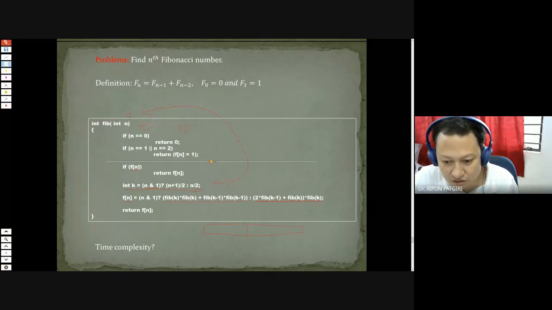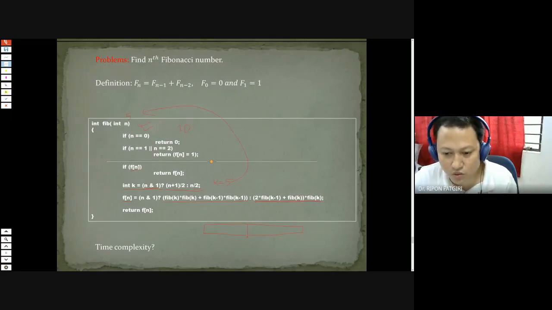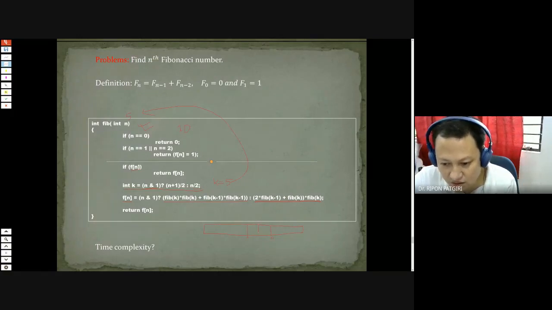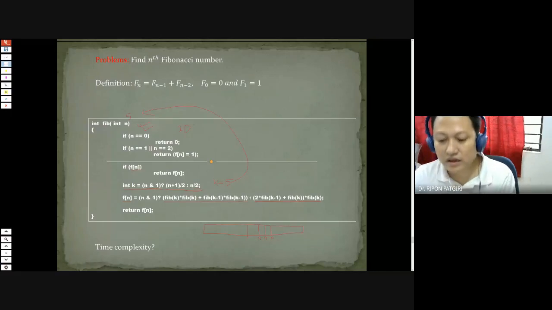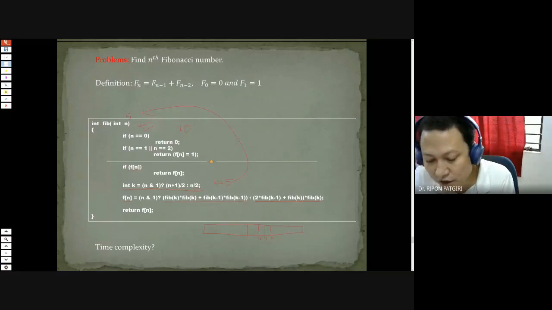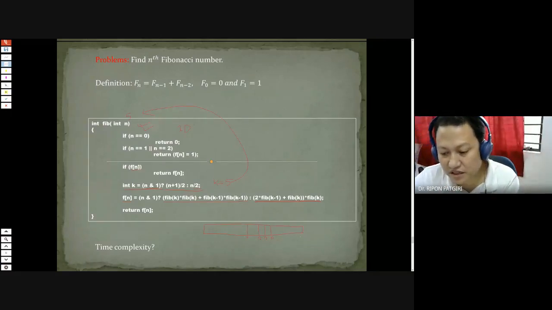To divide, it will take big O of 1 time complexity. Then which area are you going to, left or right? Suppose right, then it will take big O of 1. Then left or right, it will take big O of 1 again. That means if you are doing this kind of thing, it will take big O of log n.